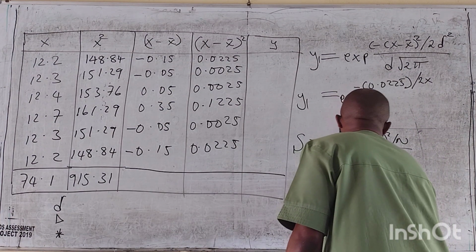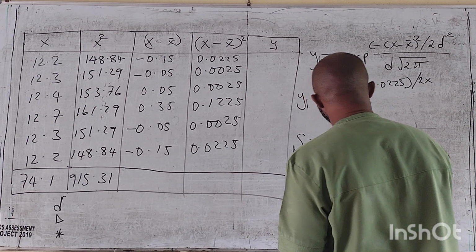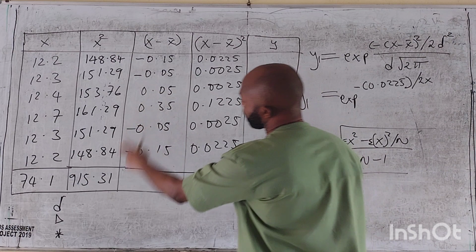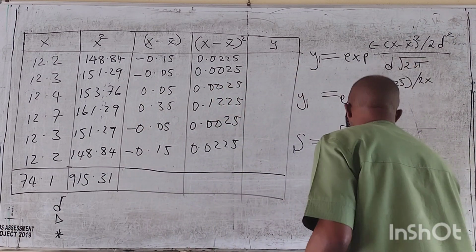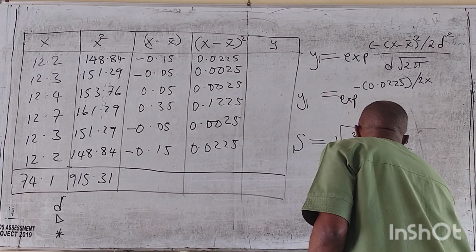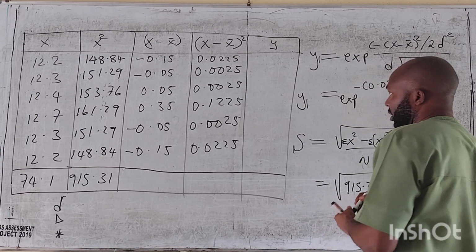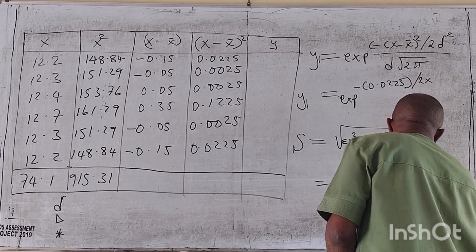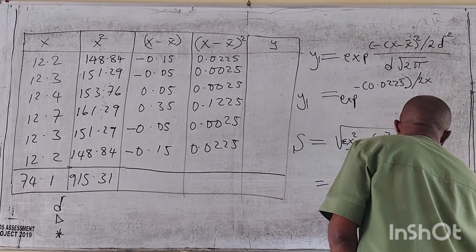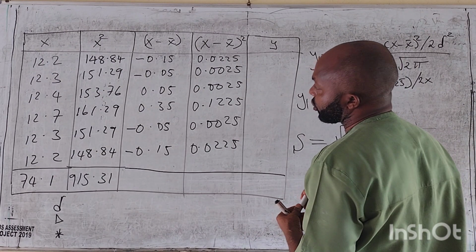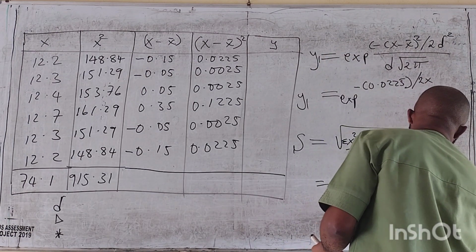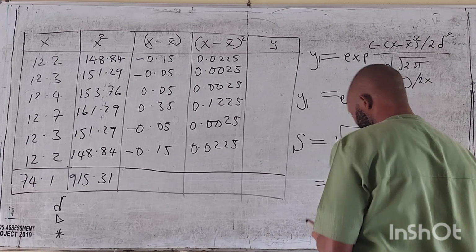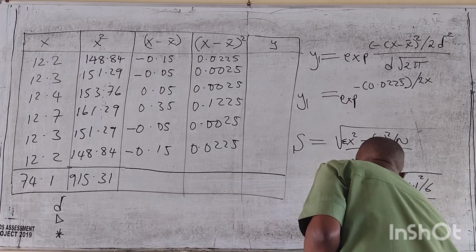The summation of x squared is 915.31, minus the summation of x, 74.1 squared, over n, which is 6, all over 6 minus 1. And this is equal to the root.